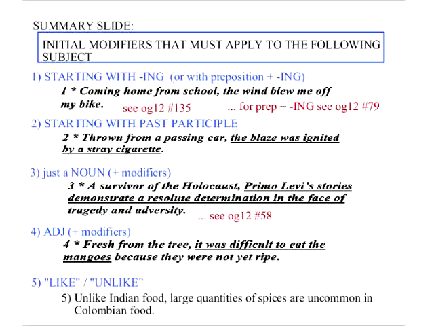This is incorrect, because if you say unlike Indian food, you need to be comparing that to Colombian food, not spices. To correct this, you would have to say: unlike Indian food, Colombian food does not commonly use large quantities of spices.